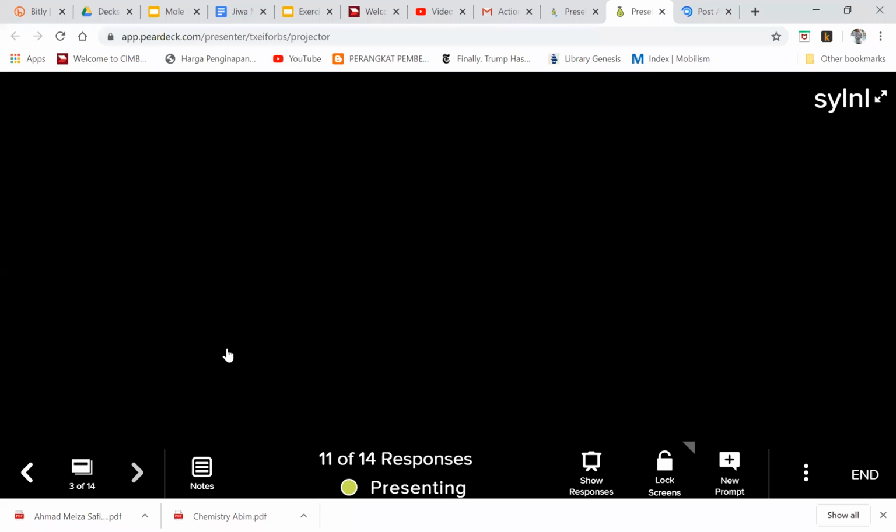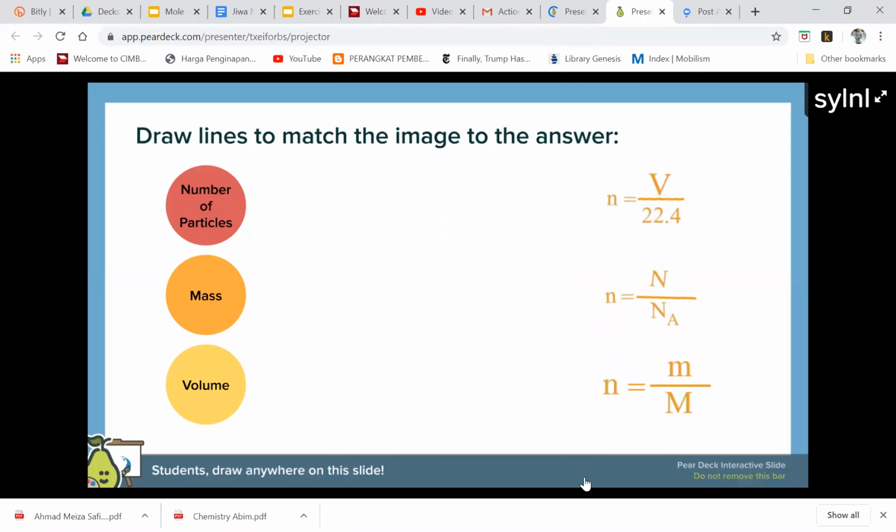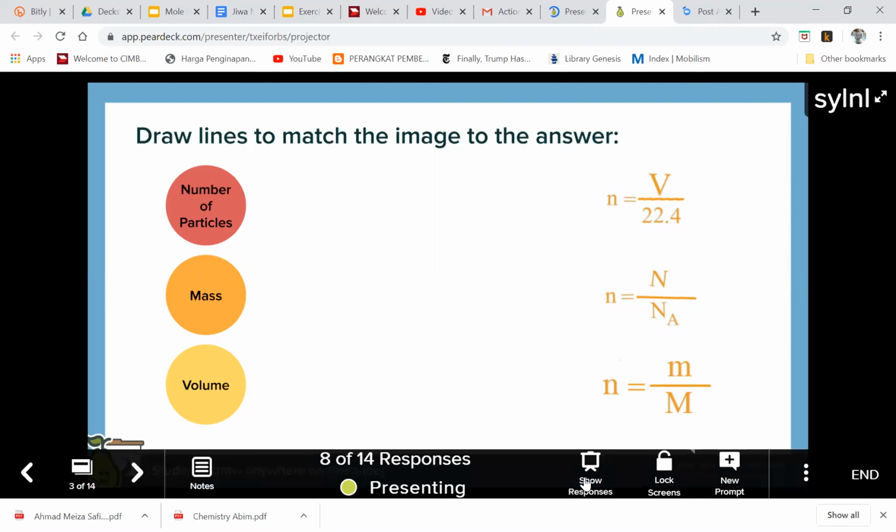Let's see another slide. Draw a line. You can draw a line there. You see, right? How to draw the line in the website? Okay. If you want to find the mass, we will find the volume, which formula will we use? Each student already responded, and I'm going to show you the responses.